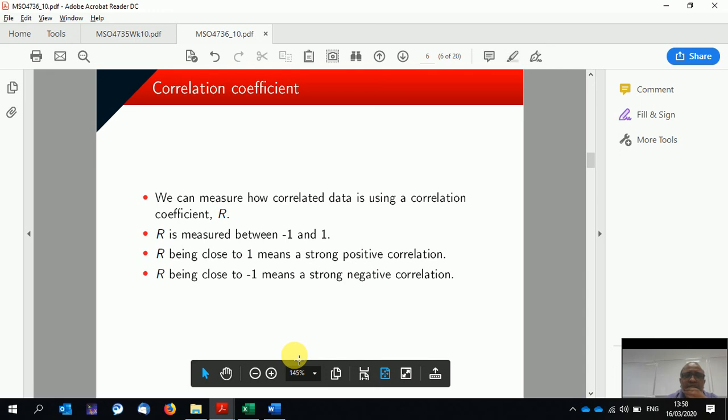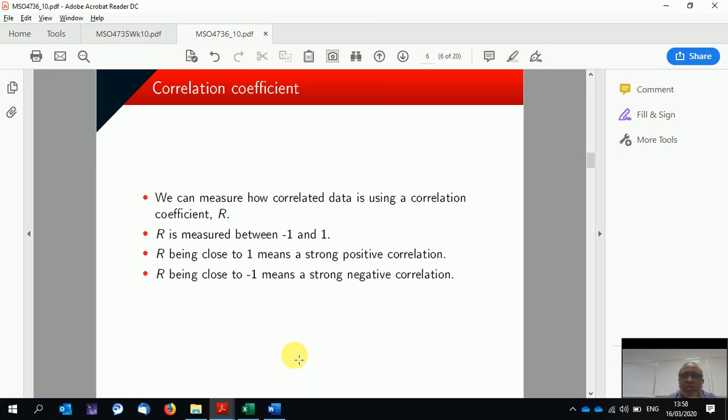So the question is how strong the relationship is. Again, I'm speaking English here because I've used the word relationship. How strong the relationship is between the explanatory variable and the response variable. And we want to find this relationship.